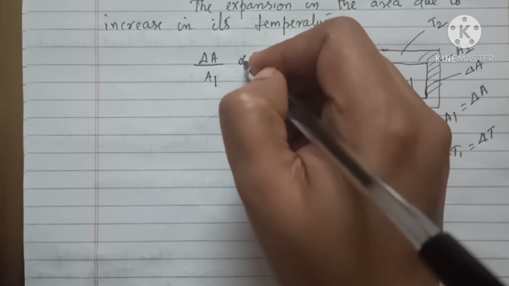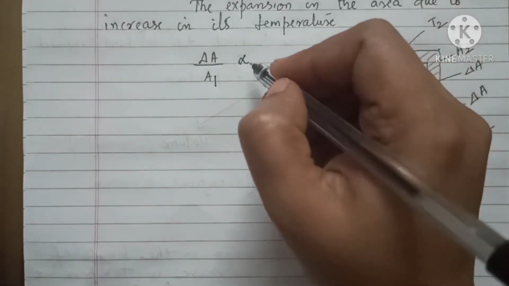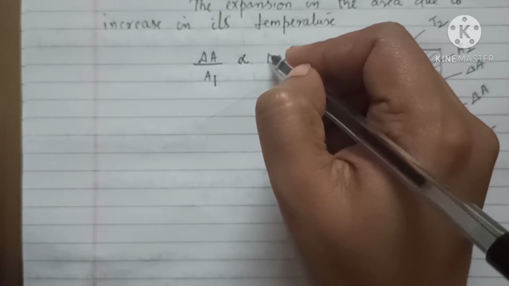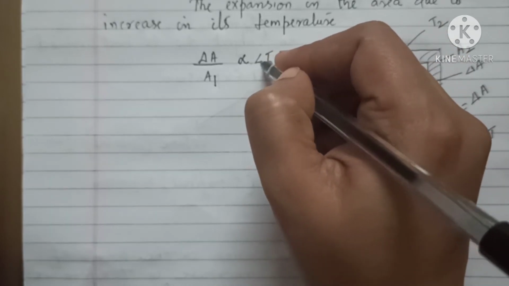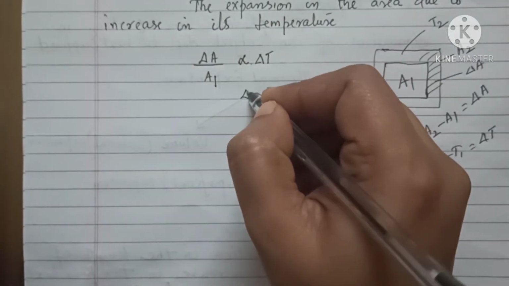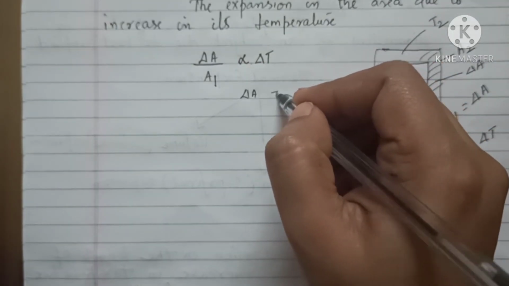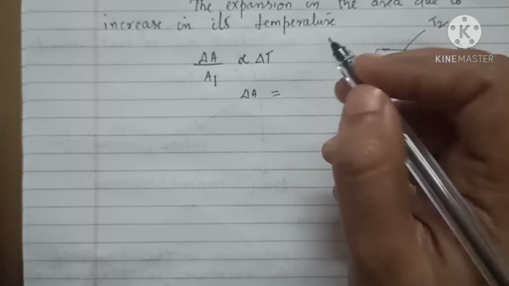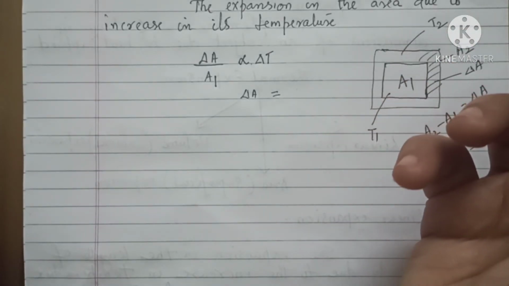As it is proportional to the change in temperature delta T. Clear? That is, delta A is equal to the constant of proportionality.